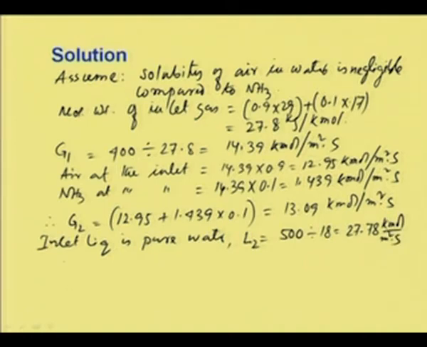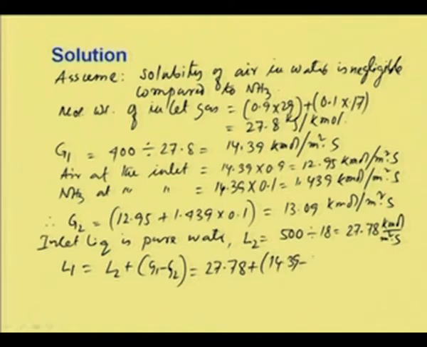Therefore, L 1 would be L 2 plus G 1 minus G 2, which is equal to 27.78 plus 14.39 minus 13.09, which is equal to 29 kmol per meter square second.